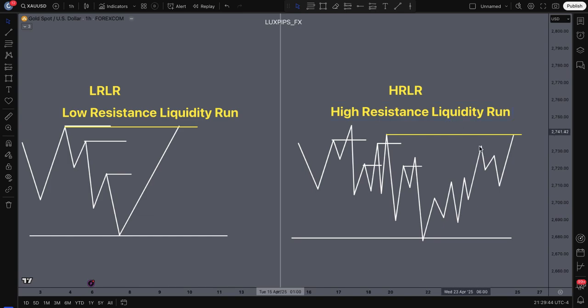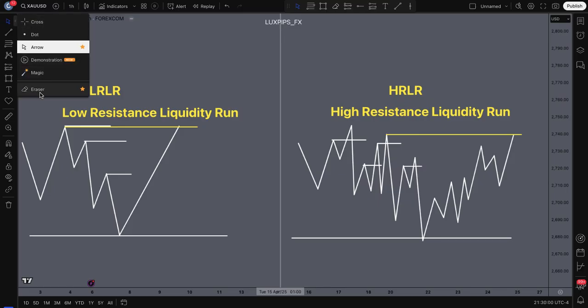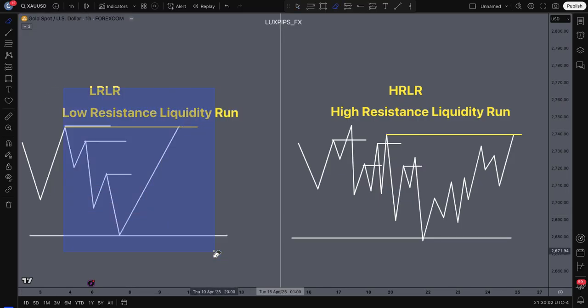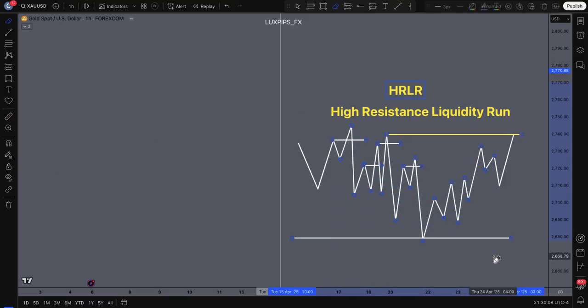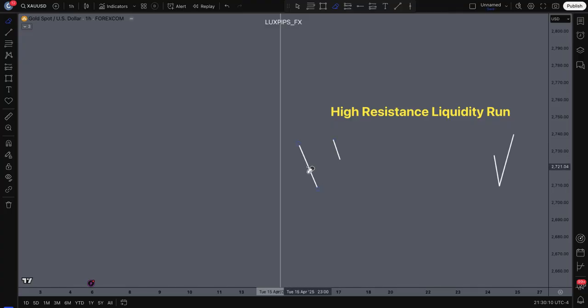But with high resistance liquidity run, it's gonna make a little order block, crash through it, stuff like that. It's gonna make an FVG, test it, crash through the FVG, come test the order block. It's gonna mess around a little bit more than this. So now we know what this is.